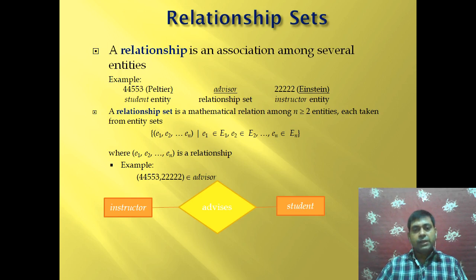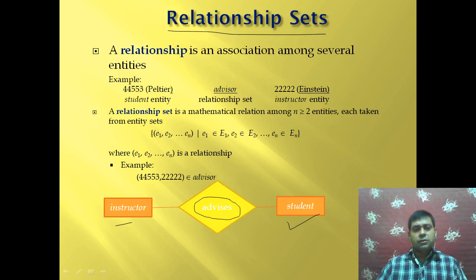Now, coming to the next one, that is relationship sets. Okay. So, instructor is an entity, student is an entity. So, instructor advises student. So, this verb advises is the name of the relationship between this instructor and student entity sets.